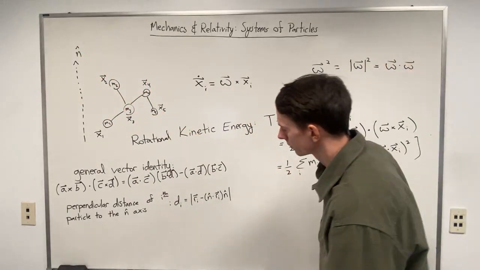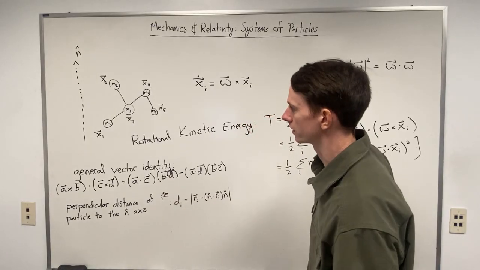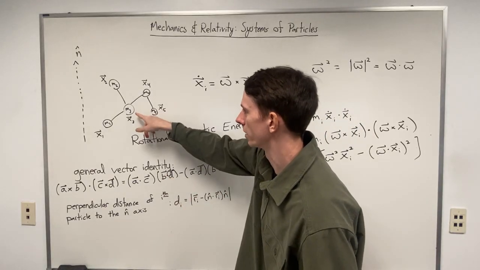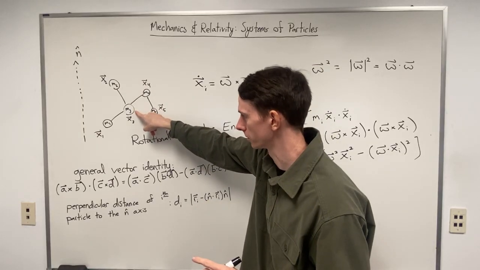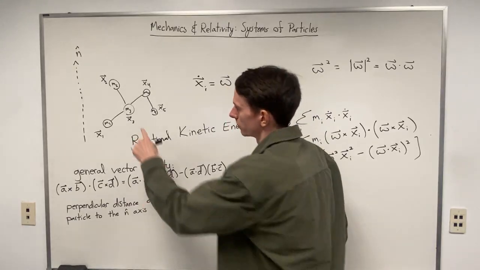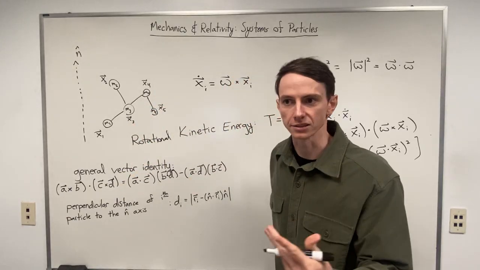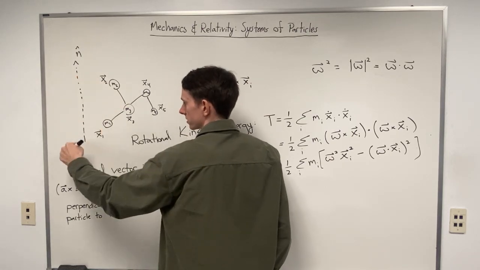If we wanted to find this quantity d sub i, what we are finding is the distance from a given particle, maybe d3 is the distance from this particle to the axis. But you would say the distance from this particle to what point on the axis, right? You can say the distance to here, to here, to here.